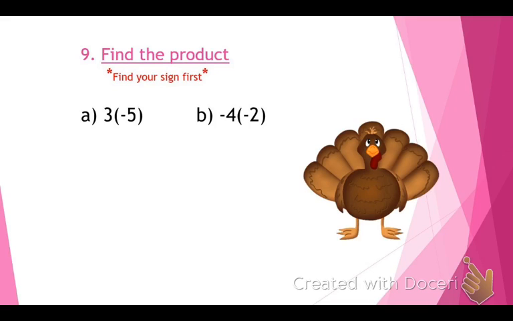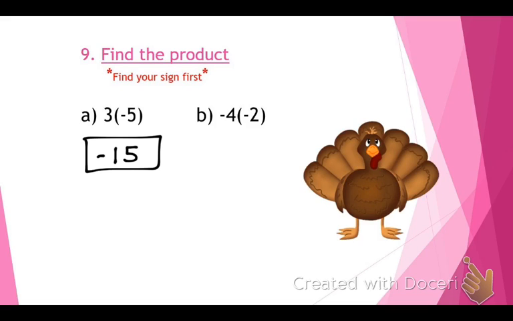One negative is an odd number, so it's going to be a negative sign. Landon, what's the answer? 15. Correct or incorrect, class? Incorrect. Why is it not a positive? Whenever you have only one negative number, your answer will always be negative. So the answer is negative 15.